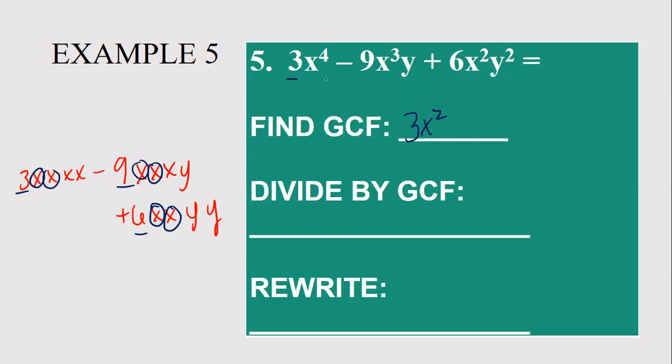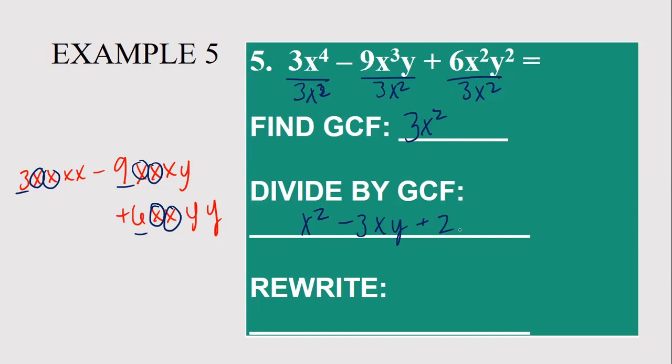Okay, so when I divide each one of these by 3x squared, I'm going to have 3 divided by 3 is 1. X to the 4th divided by x squared is x squared. Negative 9 divided by 3 is negative 3. X cubed divided by x squared is x. Y had no friend. 6 divided by 3 is 2, x squared divided by x squared is 1.